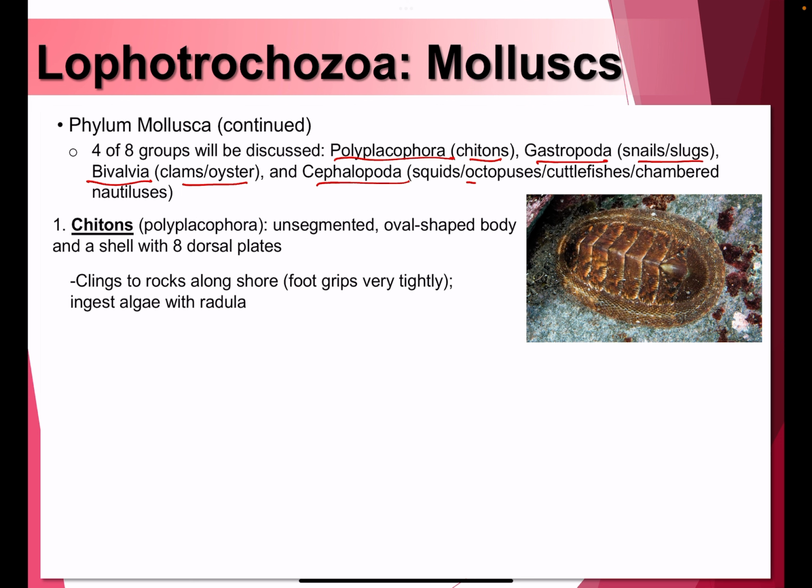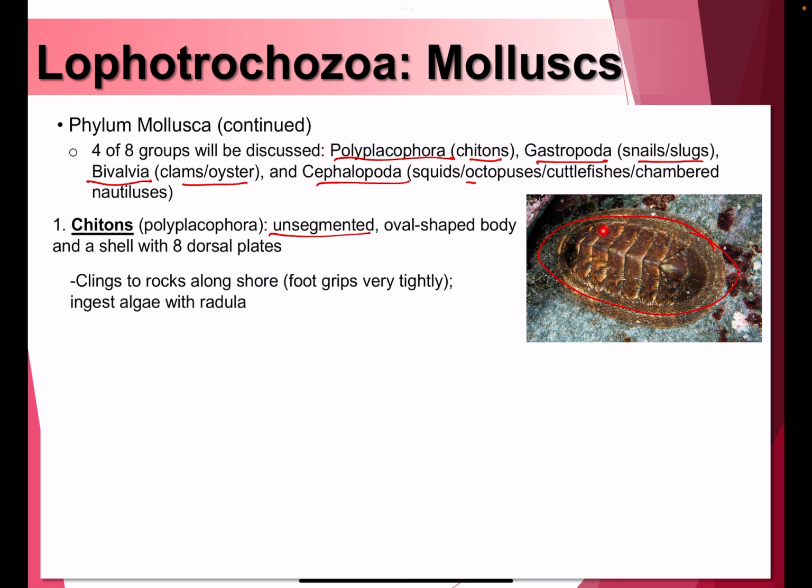All right, so let's start with the first group of species under the phylum Mollusca, which is chitons. Chitons are also called Polyplacophora. They are actually unsegmented, even though their body kind of looks like they have segments. They have this oval shaped body and a shell with 8 dorsal plates on top of it.